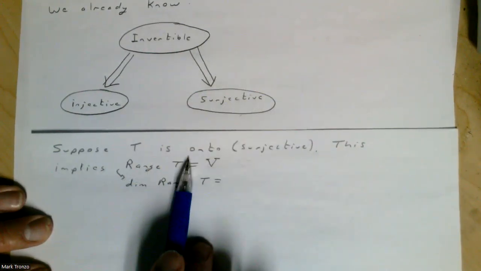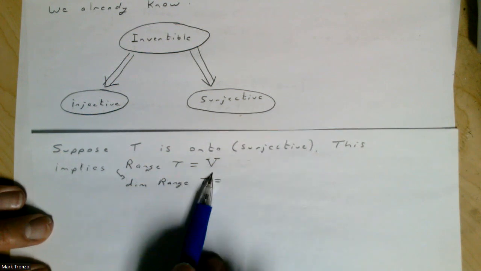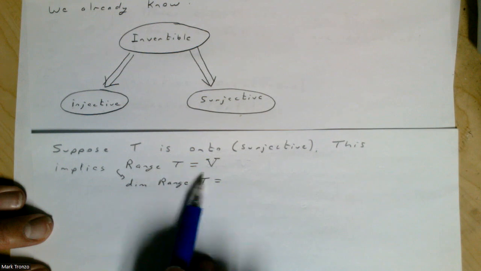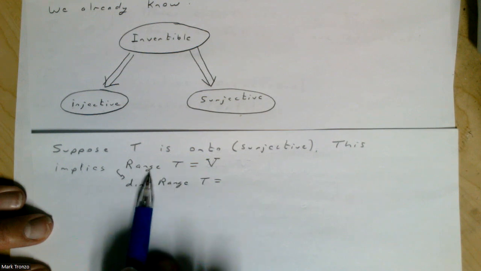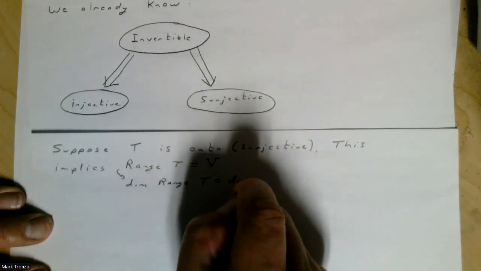We're assuming T is onto, and then this implies that the range of T is equal to V. Since the range of T is equal to V, the dimensions of each of those have to be the same.